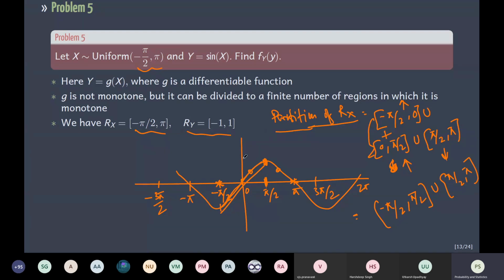So minus 1 to 0 is one, and then 0 to 1. Yeah, 0 to 1 will include both the curves here.